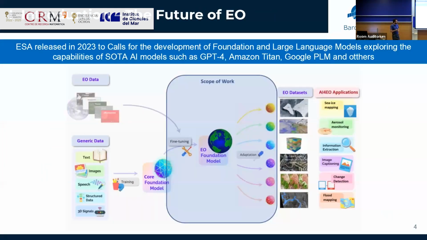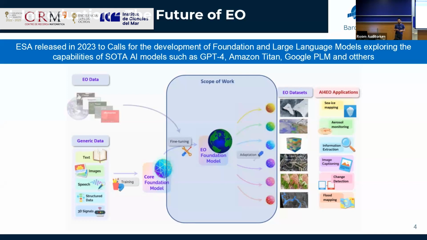In fact, this year, the European Space Agency has released two important ITTs in this regard, aiming to create a foundation model and a large language model to work with Earth observation datasets. The purpose of this initiative is to really increase the use and introduction of Earth observation within society, and in particular make it much more accessible to public organizations, private entities, etc. The idea is very clear.